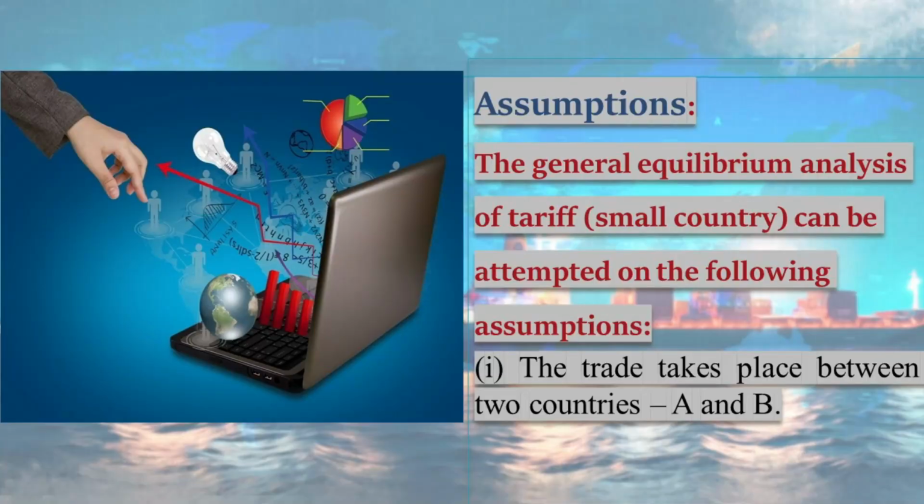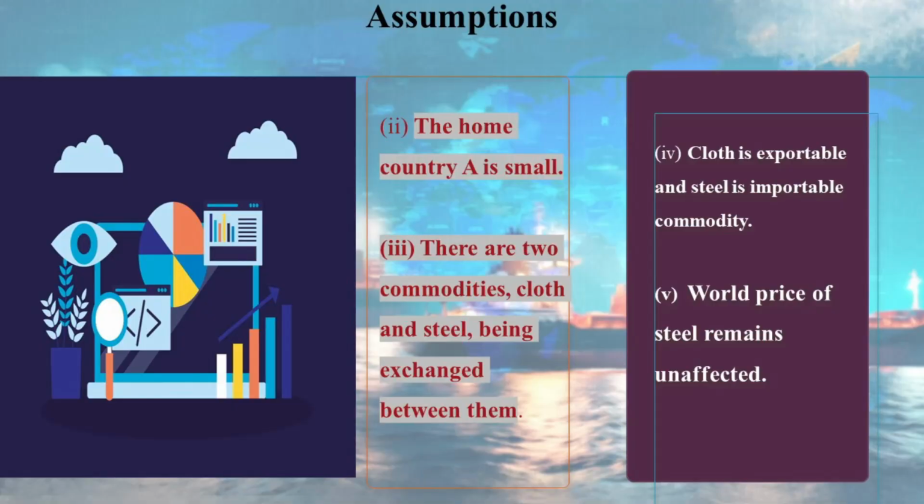The trade takes place between two countries, say A and B. So when we are discussing the effect of tariff under general equilibrium, we consider two countries, say country A and country B. Let us consider the home country A is small and country B is a large country.